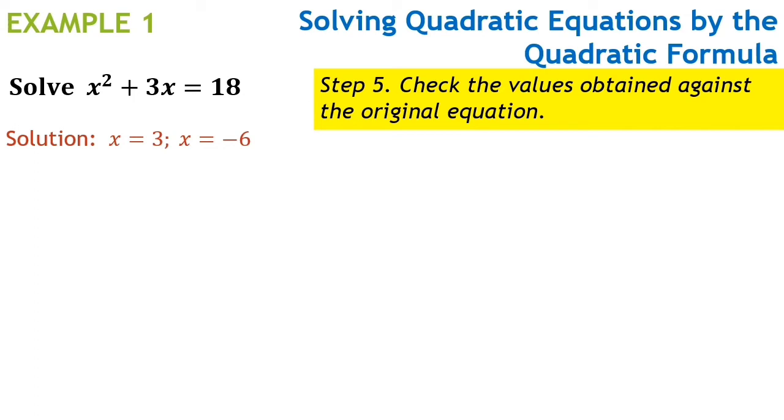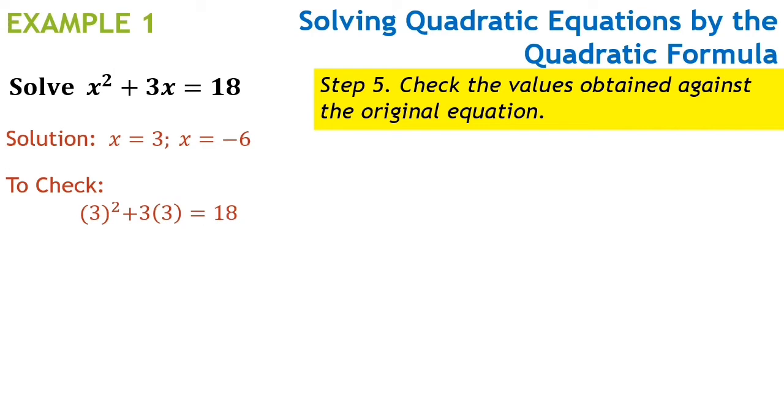So let us check if x equals 3 and x equals negative 6 are the solutions of the quadratic equation x squared plus 3x equals 18. To do that, we are going to substitute the values one at a time.